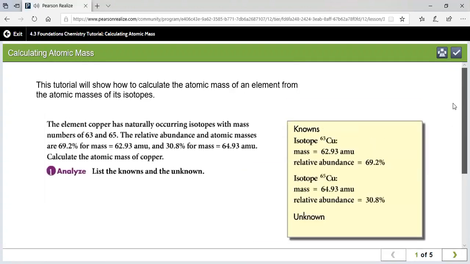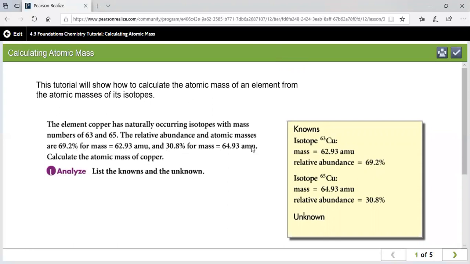So if you get there, guys, you will see that copper has two isotopes, 63 and 65, and the percent for each one is different. Copper-63 has 69.2% abundance and its mass is 62.93 AMU, atomic mass unit.